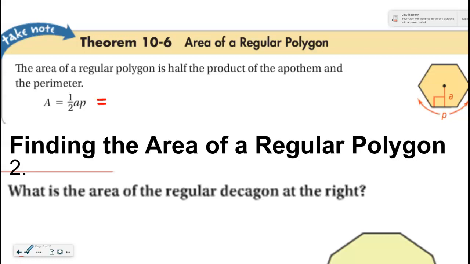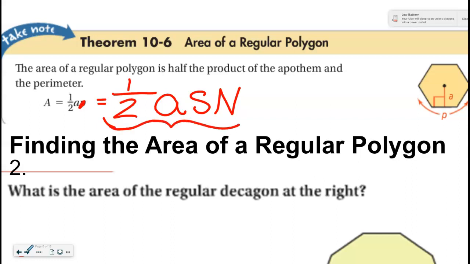Okay, I'm going to say it's 1/2 of the apothem times a side times the number of sides. This right here, side length times number of sides, is the perimeter. But I want you to realize you need to get 3 things.